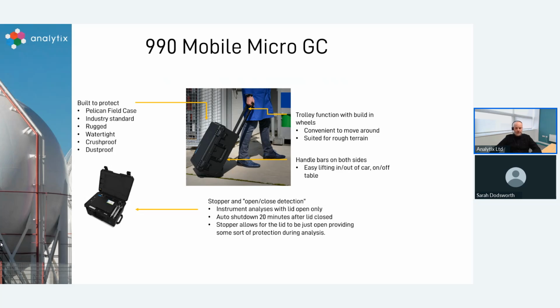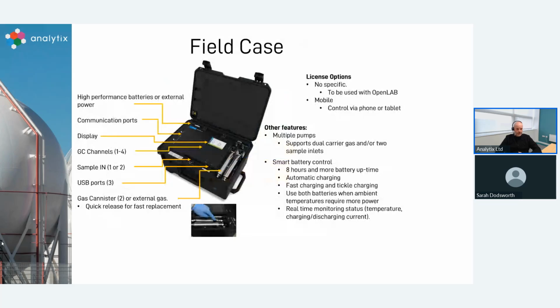What the field case offers is not just a house for the analytical channels, so it can take up to 4 channels within here, but it essentially means that you don't have to have any connection to external carrier gas or to a power supply. So the field case itself comes built in with batteries, up to 8 hours per battery.